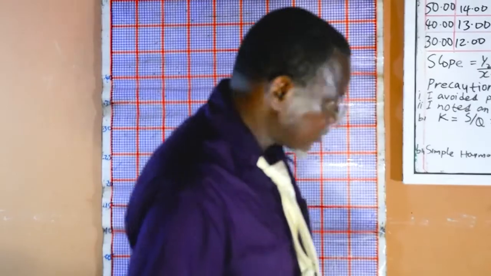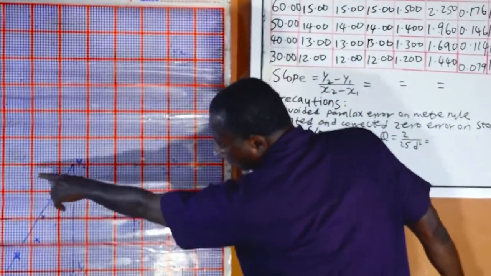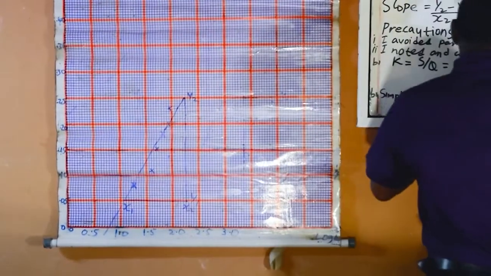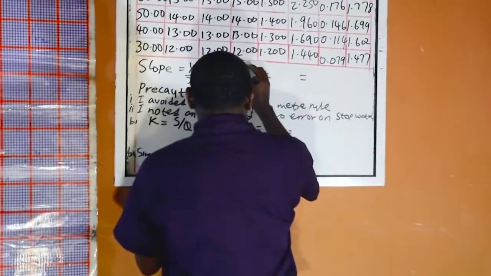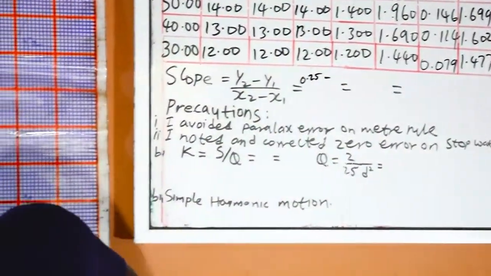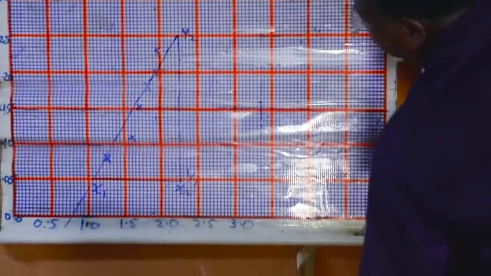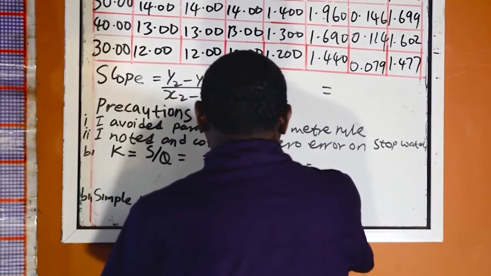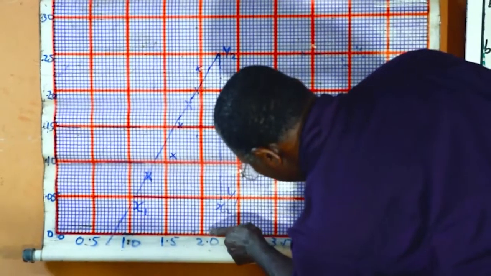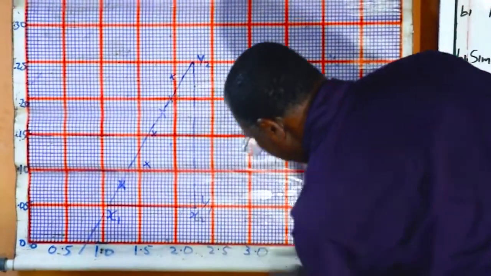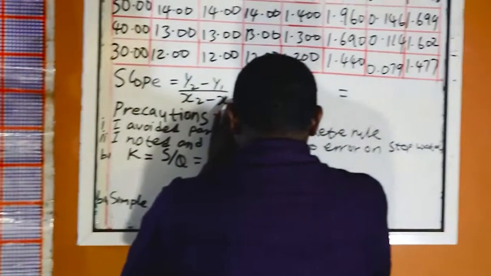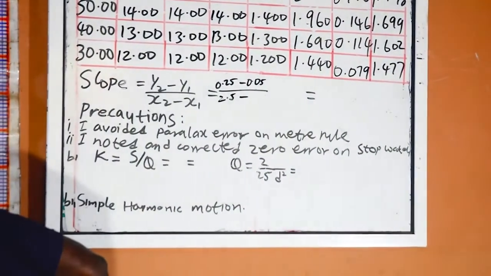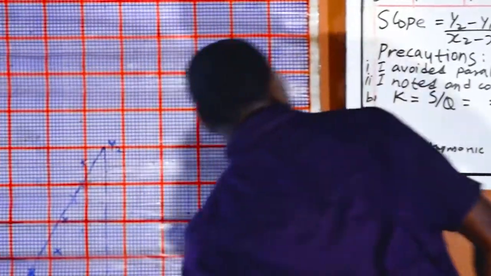So we're about to do the slope. Our slope will be y2 is 0.25, y1 is 0.05, x2 is 2.5, x1 is 1.1.